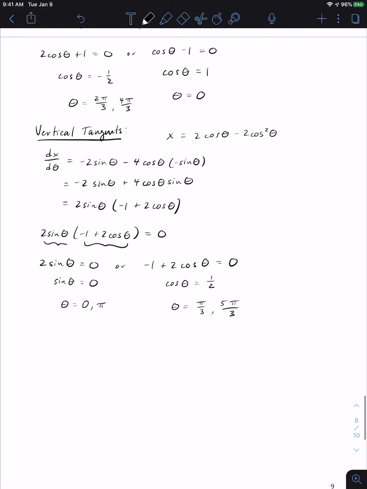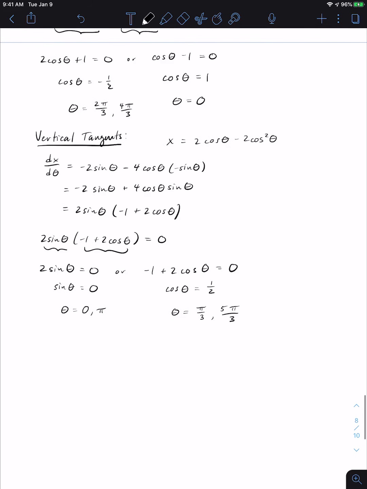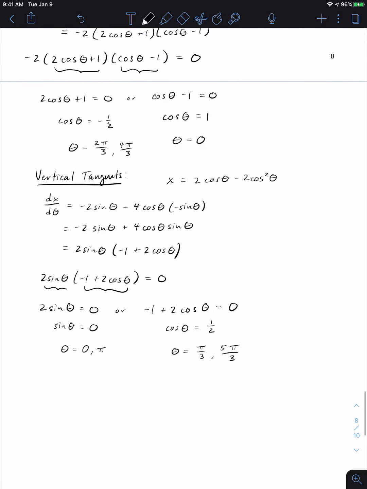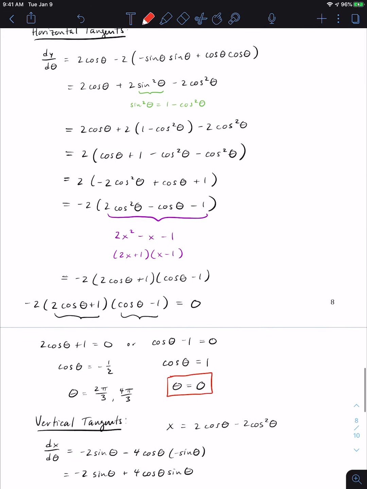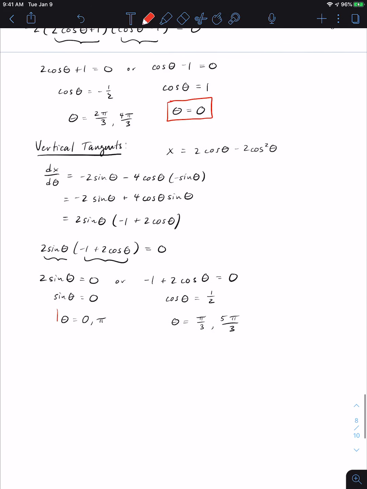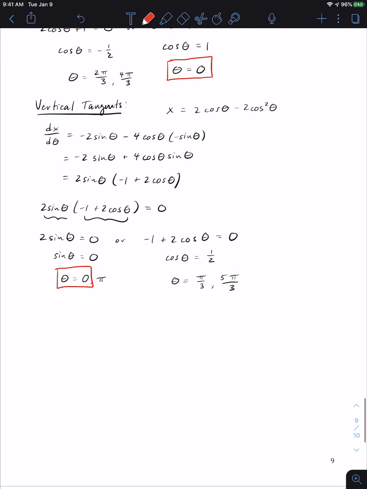Right? Okay, and so we have a little bit of an issue. At the angle theta equals 0, my y derivative equals 0, and my x derivative equals 0 at theta equals 0. So that is a value that I must exclude.